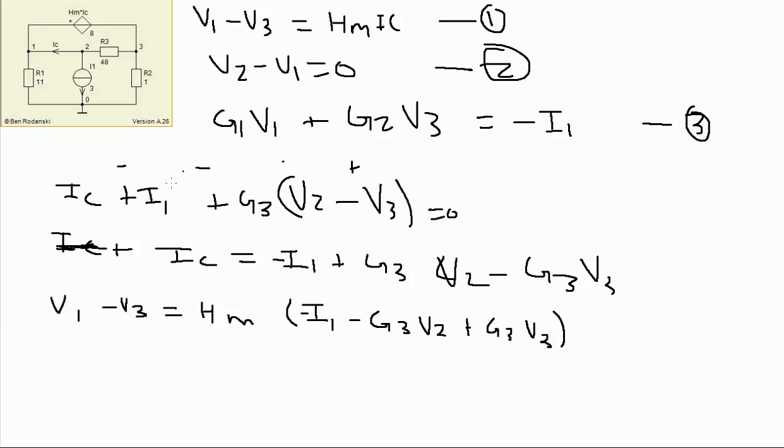Now, you still have V2 and V3 on this side, and you bring them over to that side. So what you've got to do is multiply everything by HM in there.